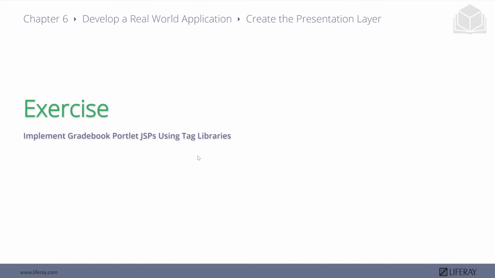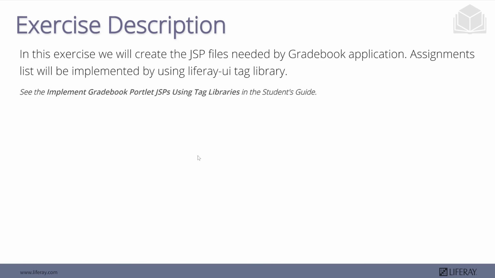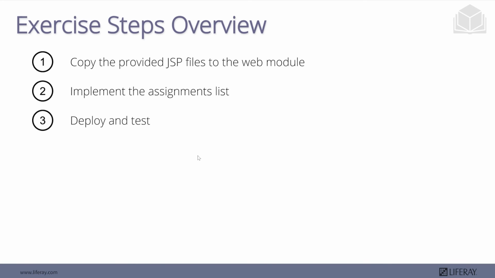All right, so let's go ahead and we're going to head over to Liferay Developer Studio to implement our tag libraries in various JSPs. Let's first review what we're going to actually do. We're going to start off by creating a couple of JSP files for the gradebook application, and we're going to be using the Liferay UI tag library. So the steps are going to be as following.